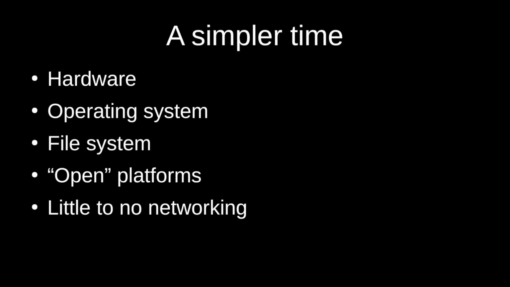Yeah, it was a simpler time. You had fixed hardware, proprietary operating systems, but everything was just really in a local file system, and even if you had proprietary lower layers, they were very open platforms. If you had a PC, you've got your PC and you can run whatever you're running on it.